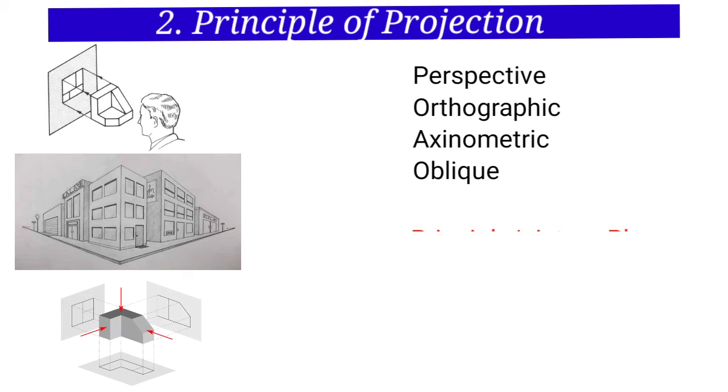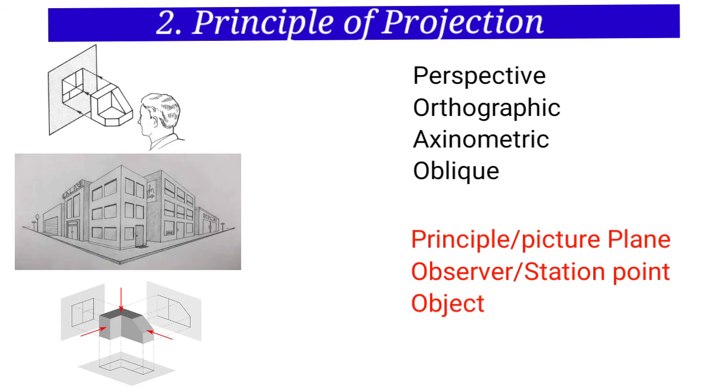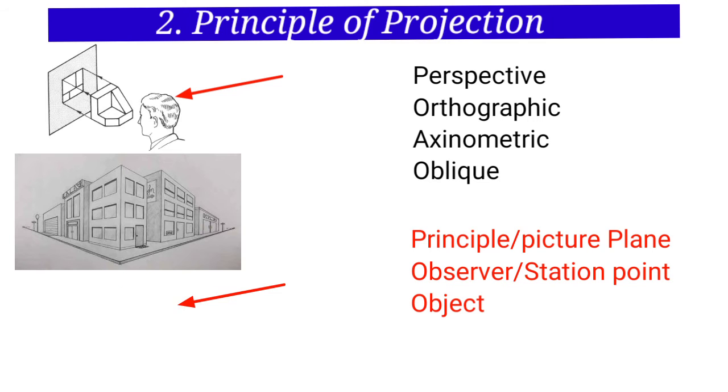The plane on which the projection is taken is called the plane of projection or a picture plane. The point from which the observer is assumed to view the object is called the station point or the center of projection. In this chapter, only the orthographic system of projection will be studied in detail.